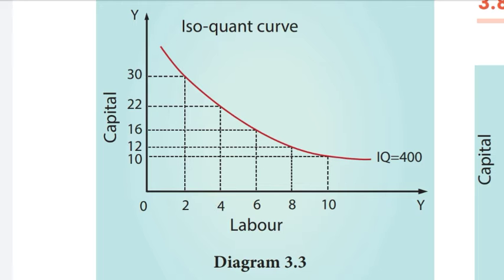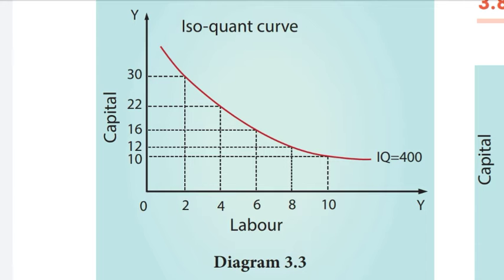Each of the points on the curve shows a capital-labor combination that can produce 400 units of output. Therefore, the curve is known as an equal product curve or an isoquant curve. Thus, an isoquant or isoproduct curve represents different combinations of two factors of production that yield the same level of output.